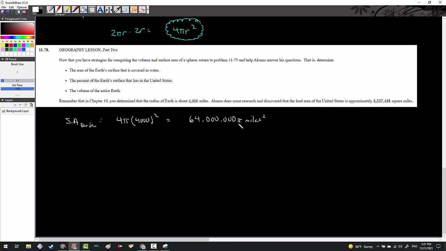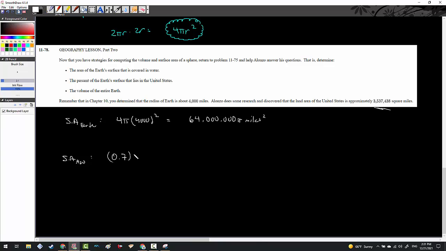And let's talk about the percent of Earth that lies in the United States. And so it looks like this 3 million some number here, we're going to use that. So this is the first bullet point. The second bullet point is, I'm sorry, what am I doing? We need to figure out how much of that is covered in water. So the surface area of water, I got a little ahead of myself there, that's going to be 0.7, right?